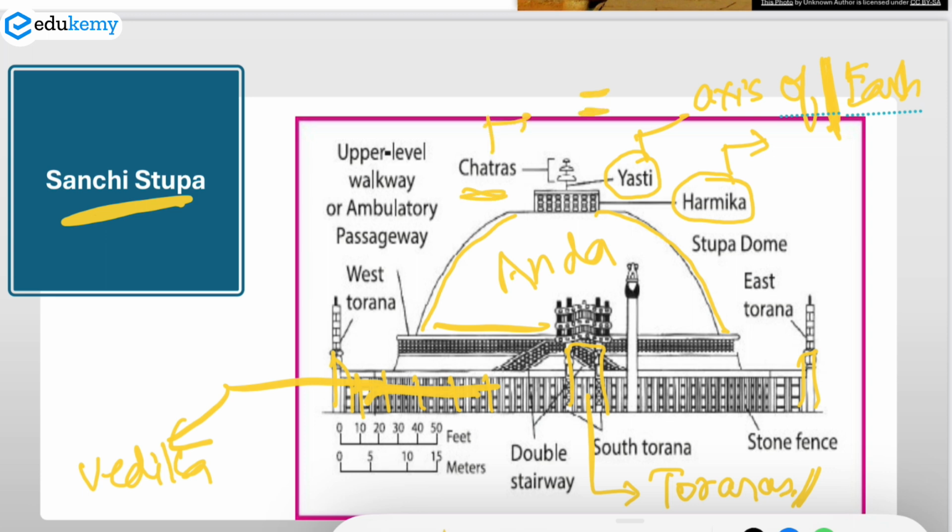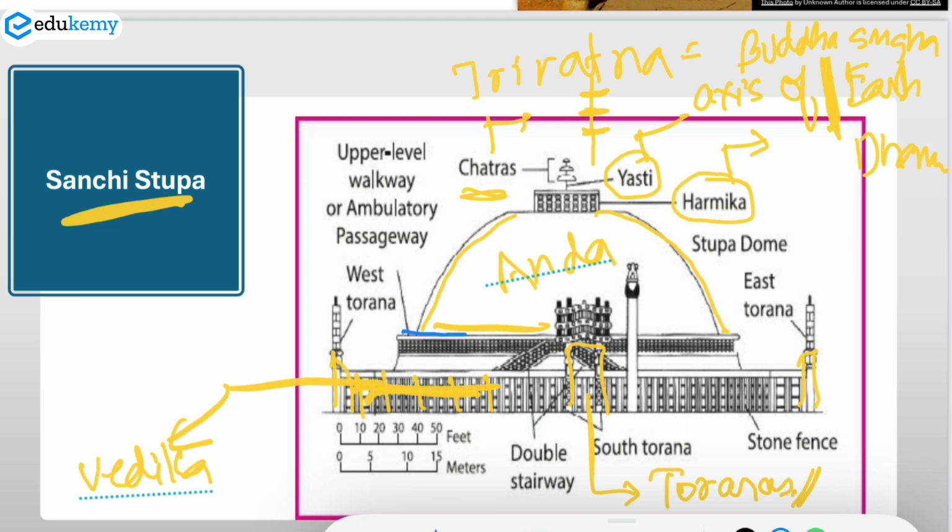Chhatra means there are 3 things linked to Yasti which represent the Triratna of Buddhism, which is Buddha, Sangha, and Dhamma. Here is the ambulatory passageway जहाँ आप स्तूप को एक्सेस कर सकते हो, known as Pradakshina Path.